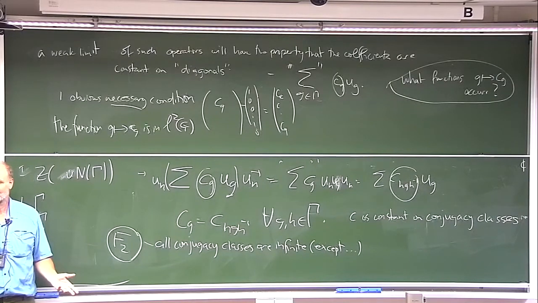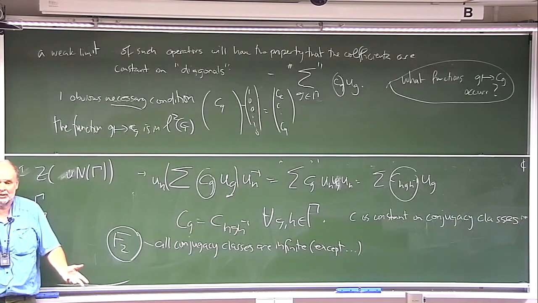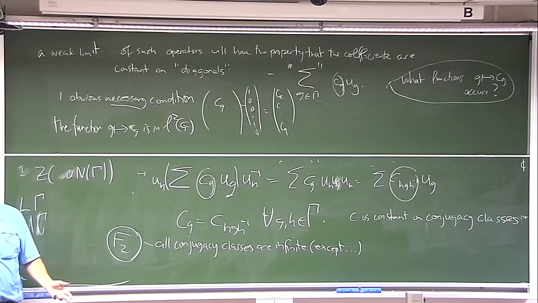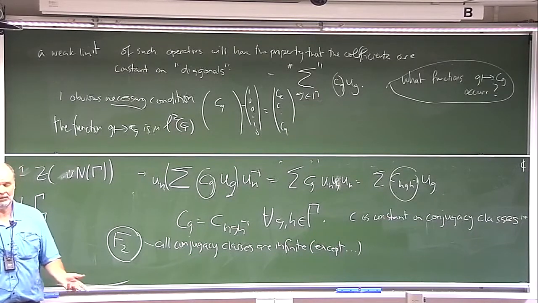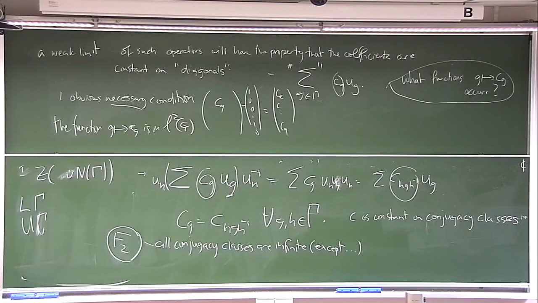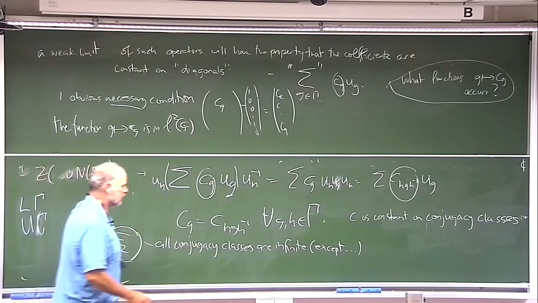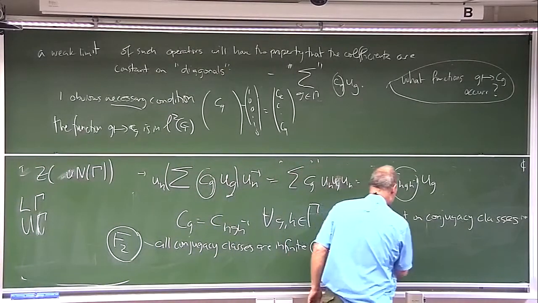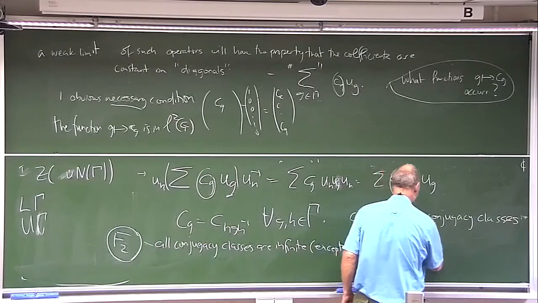The conjugacy class is infinite, so the sum of the squares has to be finite. If it's anything other than 0, it wouldn't converge in L2. Conclusion for all of this is that CG equals 0.